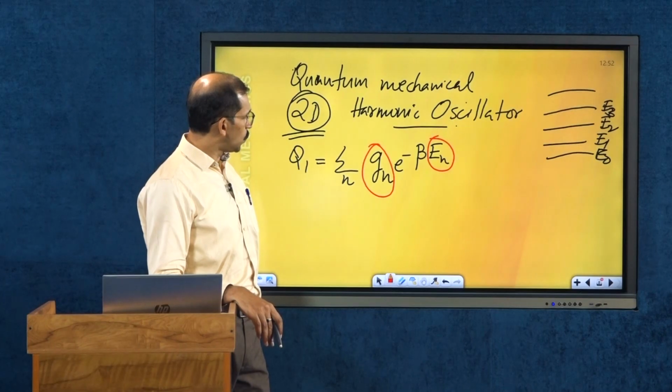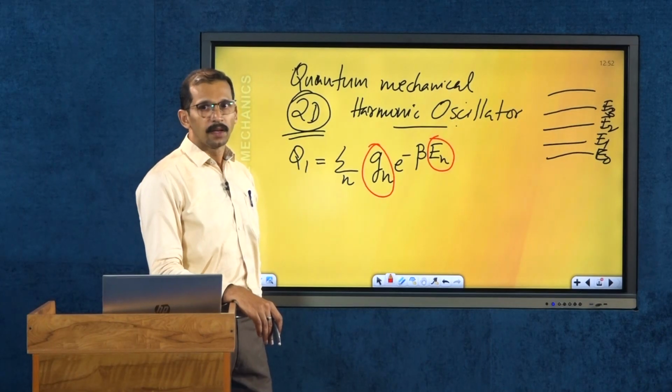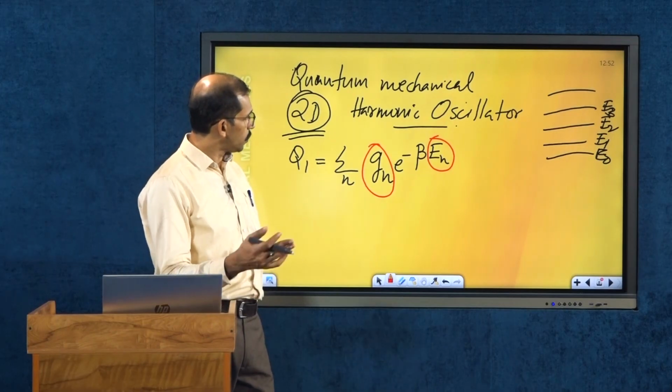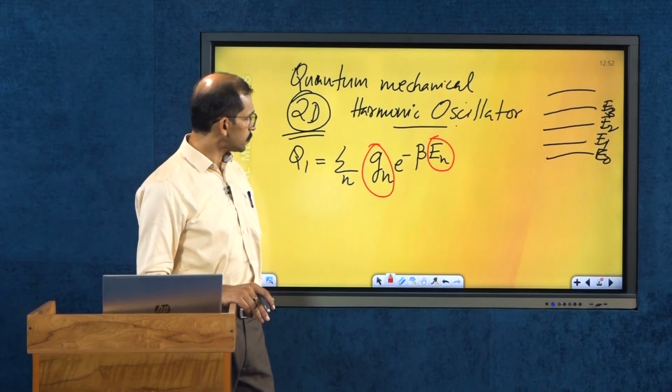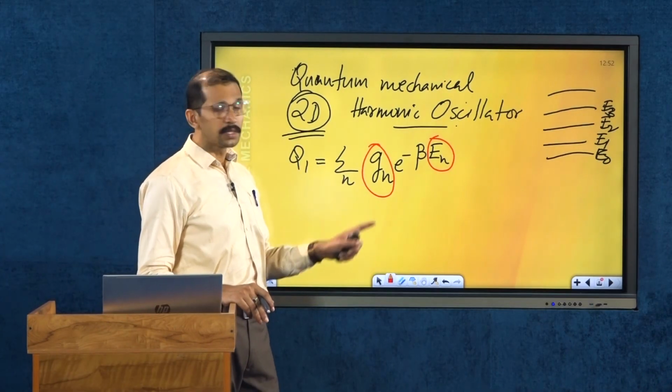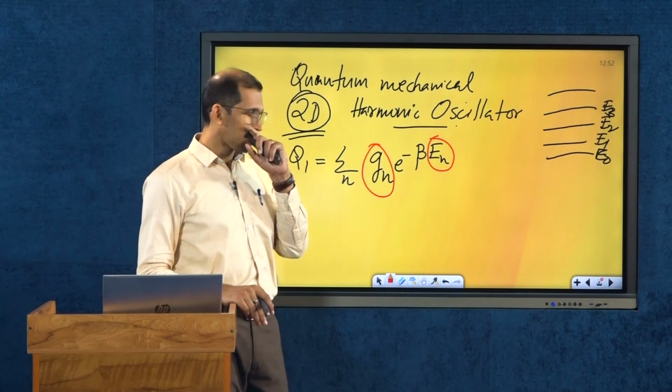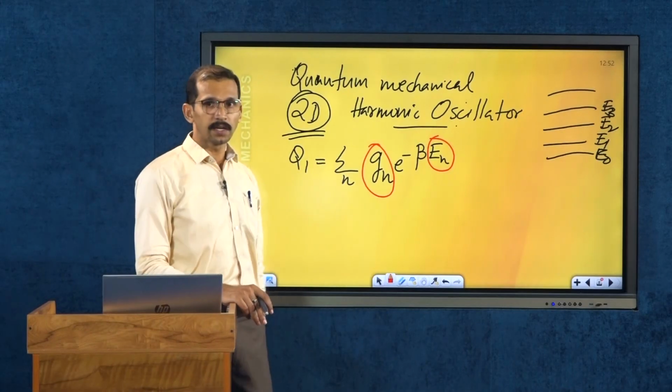Since this is a quantum mechanical situation, first and foremost, how to proceed? We need to write the Schrodinger equation for the situation. So what is the Schrodinger equation for a harmonic oscillator?